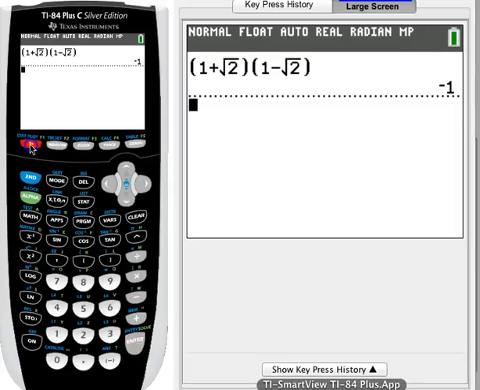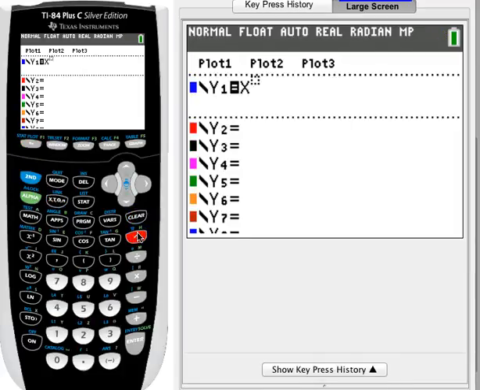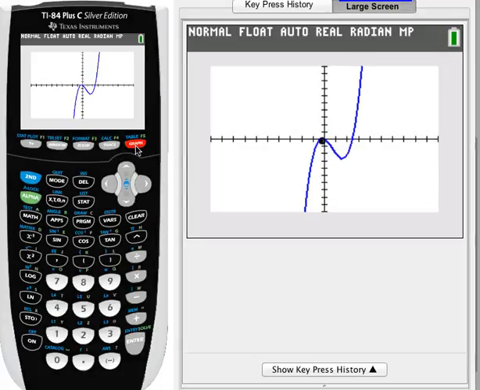So relative max and mins, I'm going to graph this thing, x to the third minus 2x squared minus x. Oh, and that looks lovely. I have a max here, a min here.